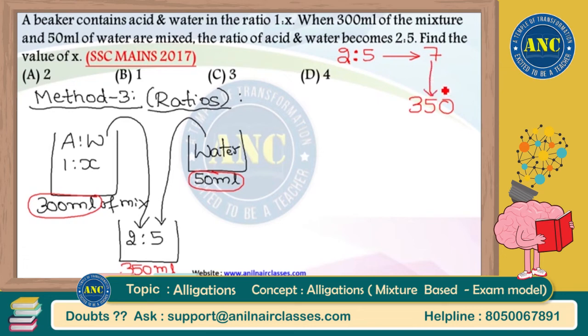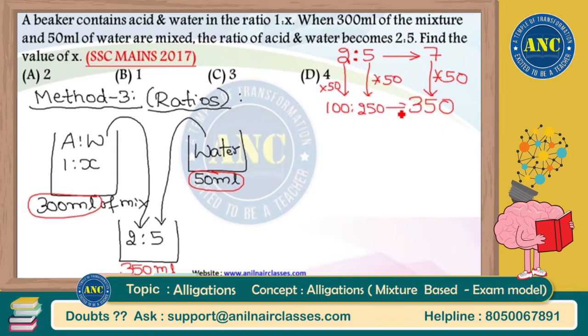But question says, no, it should not be 7. It should be 300 plus 50, which is 350 that need to be present in your mixture 3. So 7 is becoming 350. Multiply by 50. 2 also multiply by 50. 2 into 50 is 100. 5 also multiply by 50. 5 into 50 is 250.